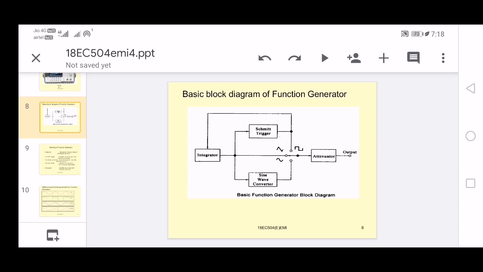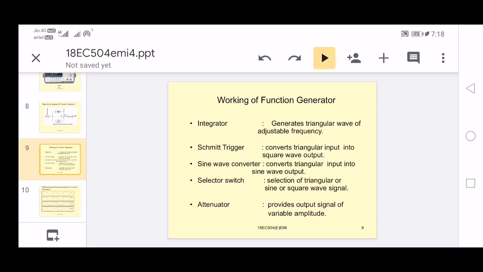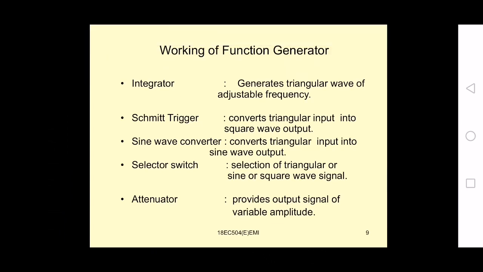The function of the integrator is to generate the triangular wave of adjustable frequency, and the Schmitt trigger converts the triangular input to the square wave output. The sine wave converter converts the triangular input to the sine wave output. The selector switch selects triangular or sine or square wave signal. And the attenuator provides the output signal of variable amplitude.